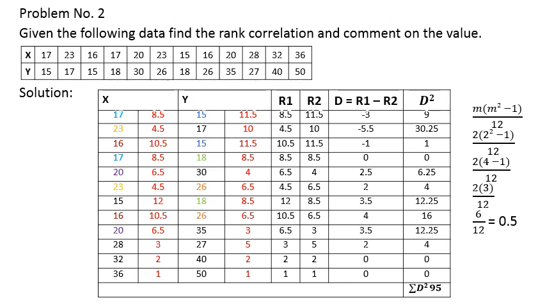If it is not repeating it would be 8, now it is repeated, 8.5. Next highest is 16. Rank is 10.5. If it is not repeating it would be 10, now it is repeated, so it is 10.5.